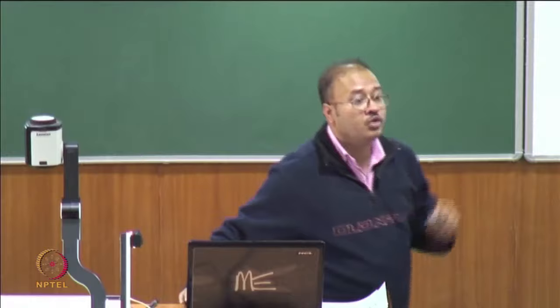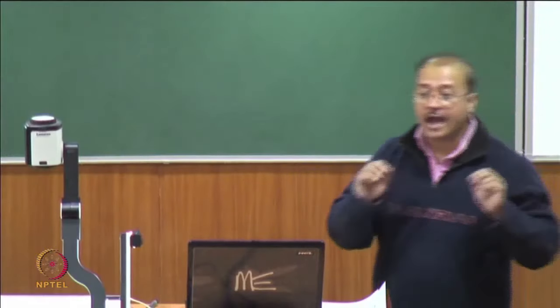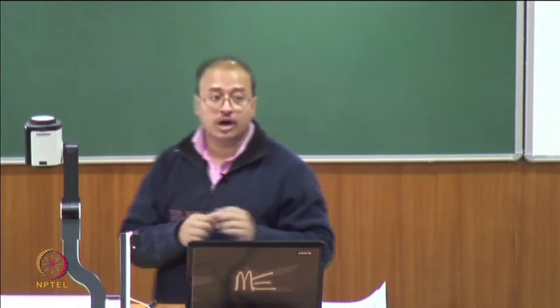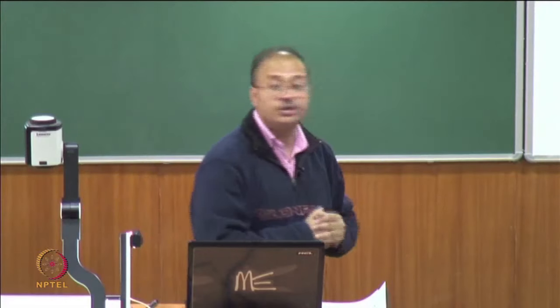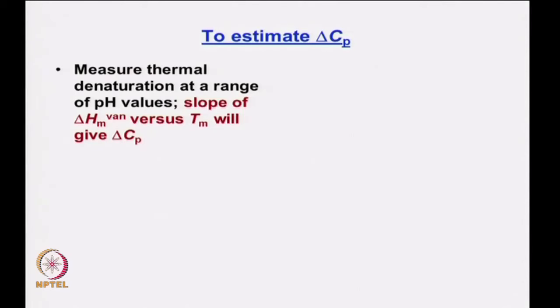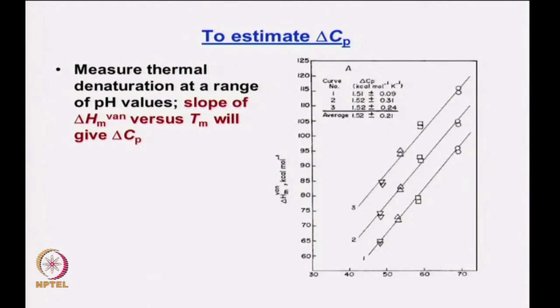Now, the question is how do you estimate delta Cp? If you want to do a delta Cp calculation very academically rigorously, this is what you should do. Measure thermal denaturation at a range of pH values. The slope of delta Hm versus Tm will give you delta Cp. How? This is the experiment that was done.